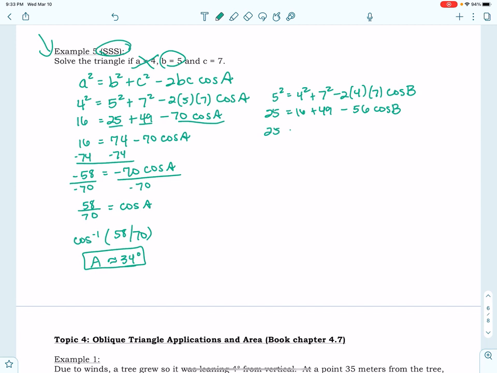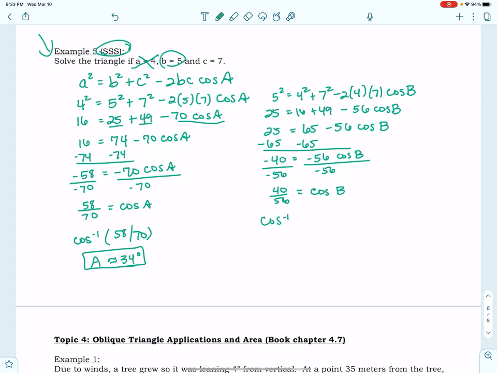Okay, I'm going to add these two numbers together here. This is really just a series of straightening this up so that we can isolate cosine B. That's all we're doing. So then I'm going to subtract 65 from both sides. I get a negative 40 over here. And then I'm going to divide both sides by negative 56. So over here, I get a positive 40 over 56.